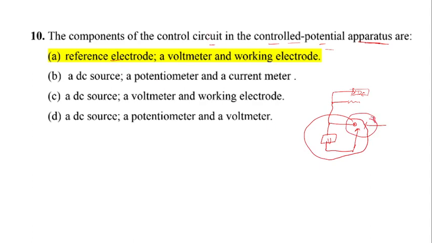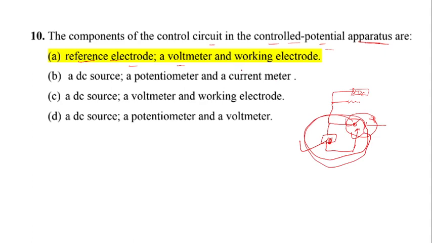So the components of the control circuit in the controlled potential apparatus. We need to maintain a controlled potential, so it will consist of one reference electrode, a voltmeter, and the working electrode. These three things are part of the controlled potential apparatus.